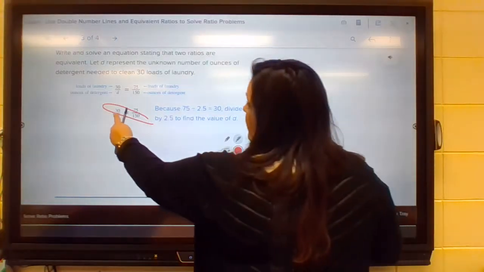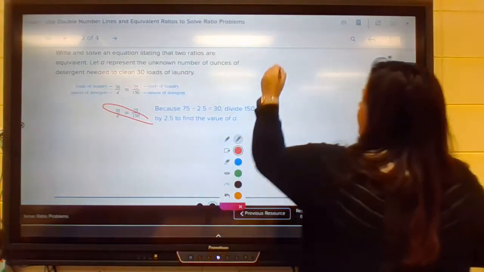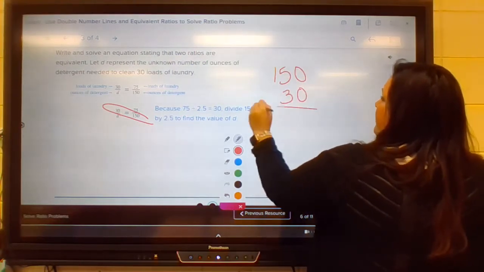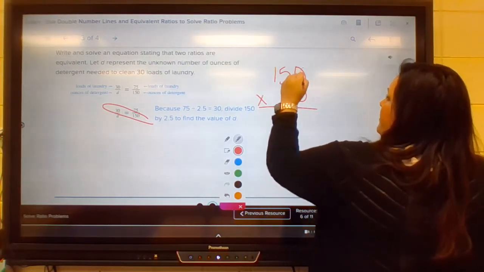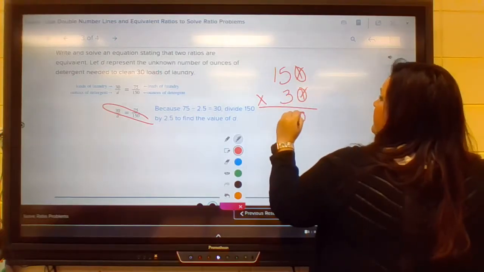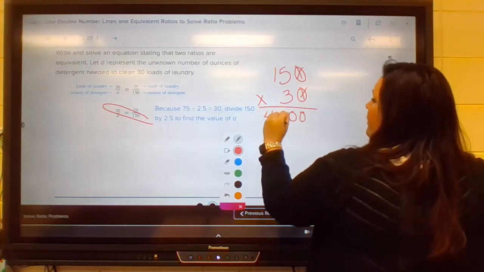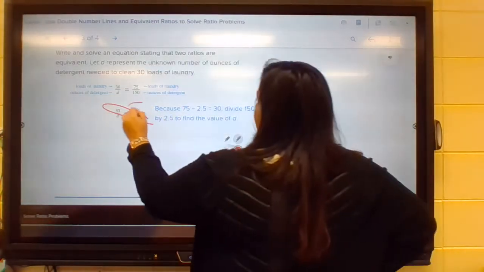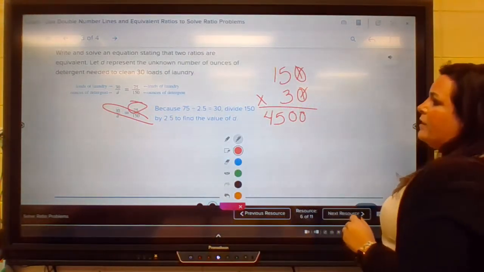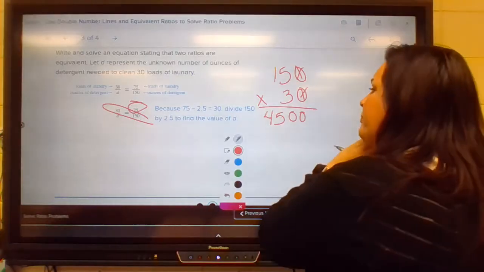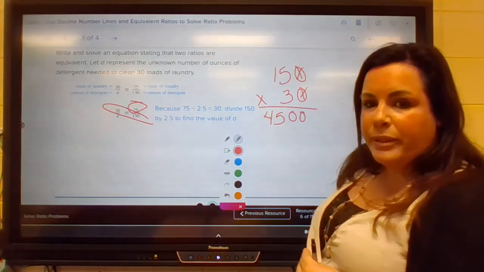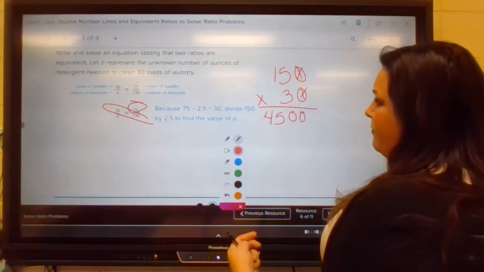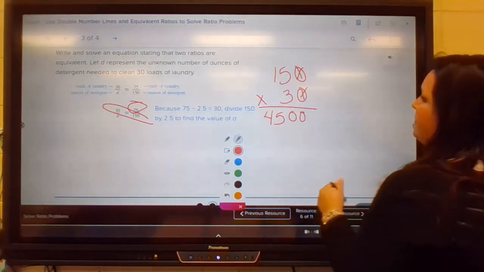So I could take 30 times 150, okay? Here's what I'm going to do. I'm just going to get rid of these two zeros. 3 times 15 is 4,500, right? Then I can divide by 75, okay? So if you were to do that, it makes things a little bit simpler, okay? And you would still come up with that same value of 60, right?